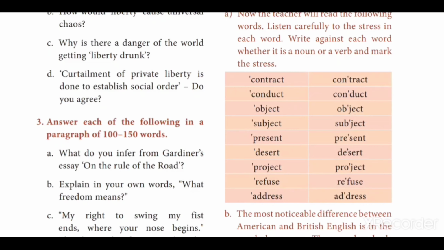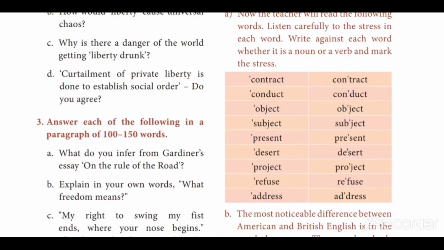See, I am coming from the first one. The first one is contract, and on the right is contract. Contract is a noun and contract is a verb, and so are all the words. Conduct, conduct. Object, object. Subject, subject.